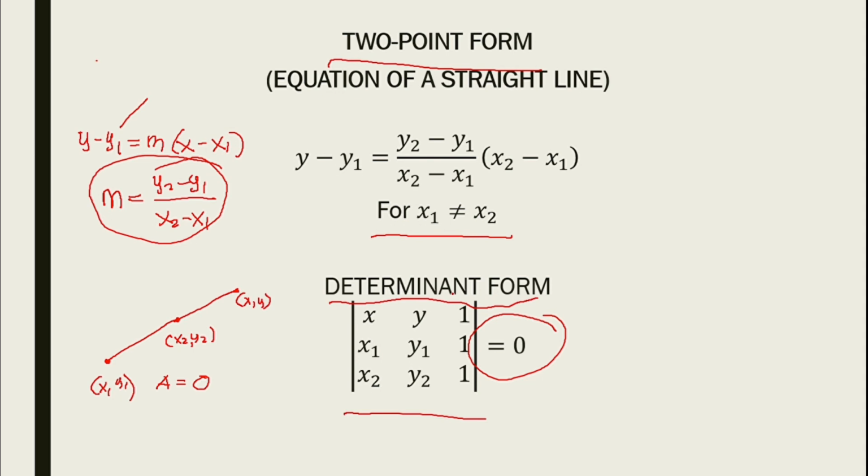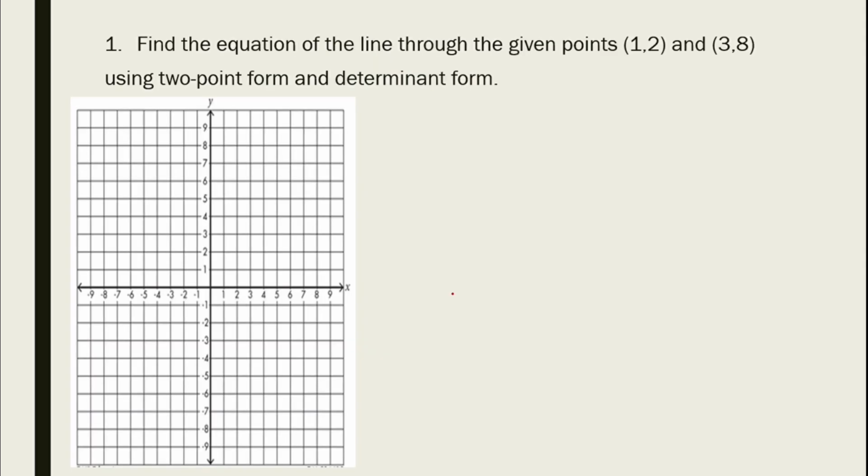So let's have a problem on how we're going to apply these formulas. Find the equation of the line through the given points (1, 2) and (3, 8) using two-point form and determinant form. Since 2 points determine a line, we need 2 points so that we could create a line.